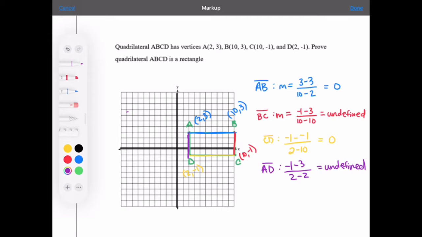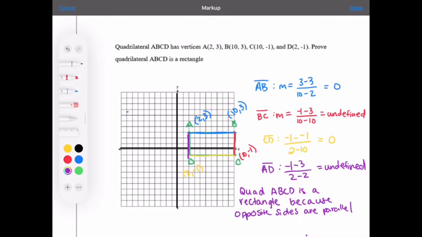So all we have to do is say quadrilateral ABCD is a rectangle because opposite sides are parallel, and right angles are formed.